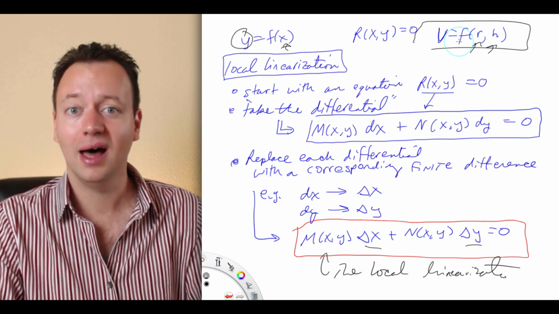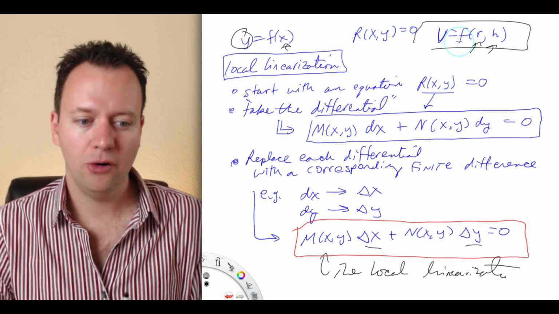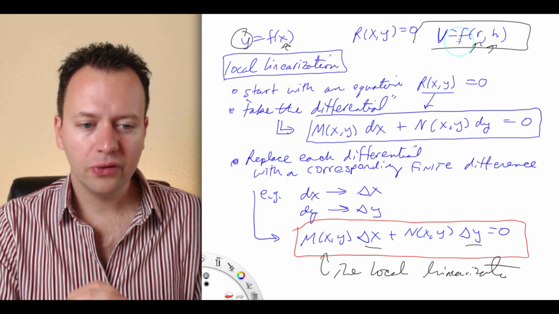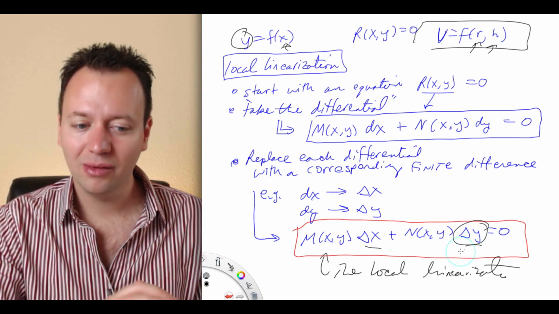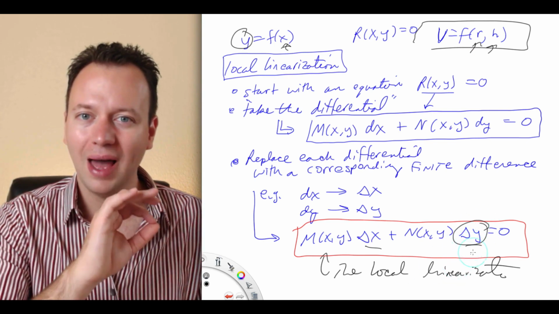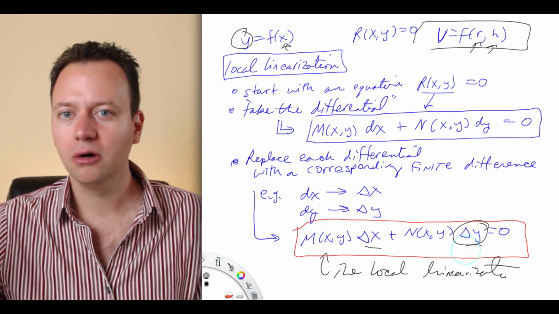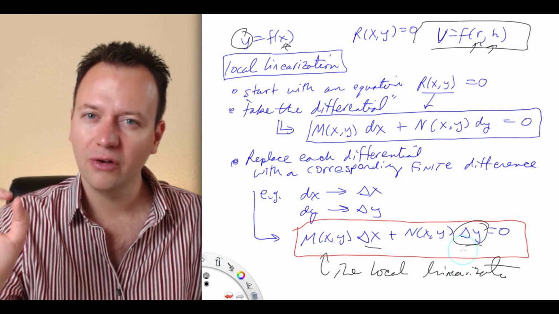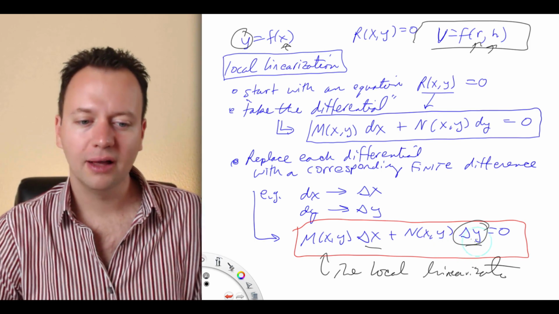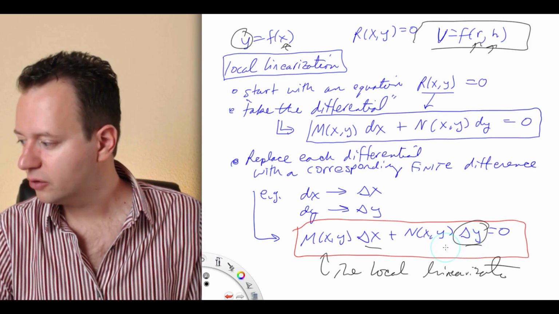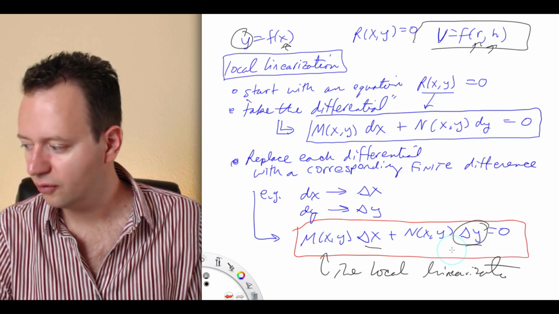So there's always one dependent variable. This finite difference of the dependent variable, the local linearization, is a map that tells you how delta y depends on all the other finite differences. So if I change x by this small amount, this is approximately how delta y behaves.